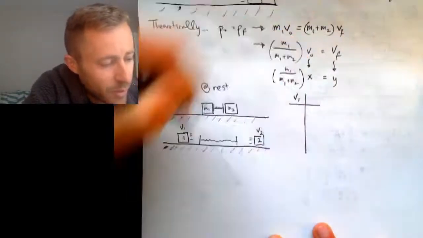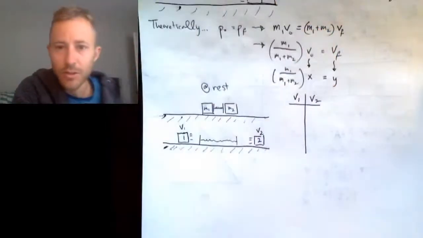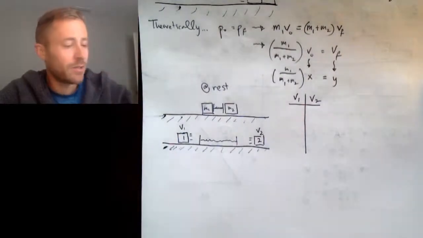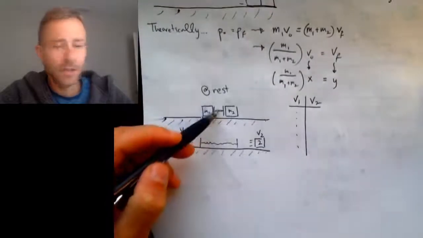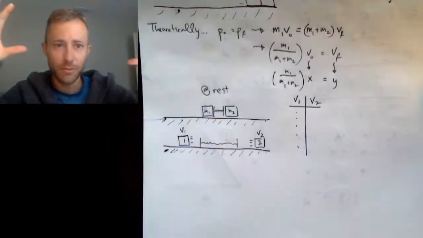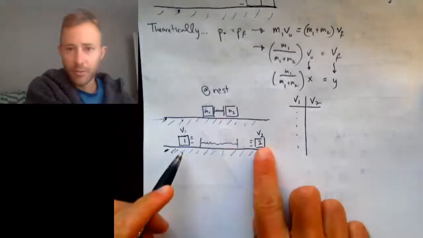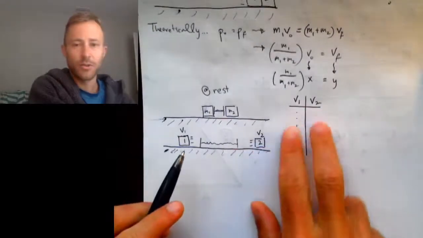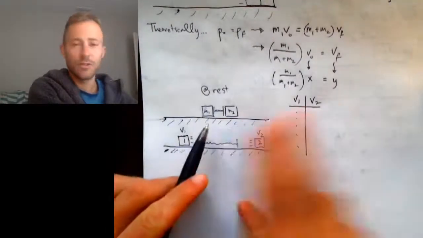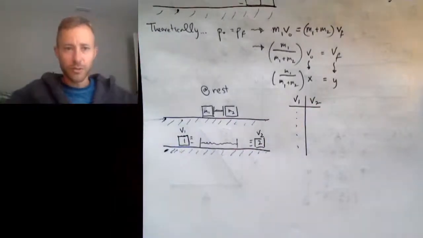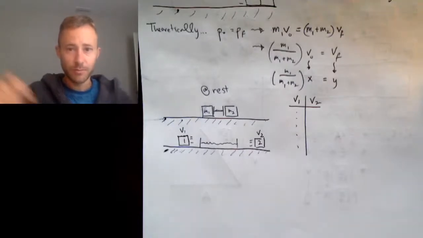We collect the final velocity of the first object and the final velocity of the second object. Now, how do we get different velocities? Well, you would compress the spring by different amounts. If you compress the spring more, it's going to launch these faster, and so you would expect bigger numbers. If you compress it less, these are going to be smaller numbers. So you compress it different amounts, and you let this spring launch the things, and you measure the two speeds.